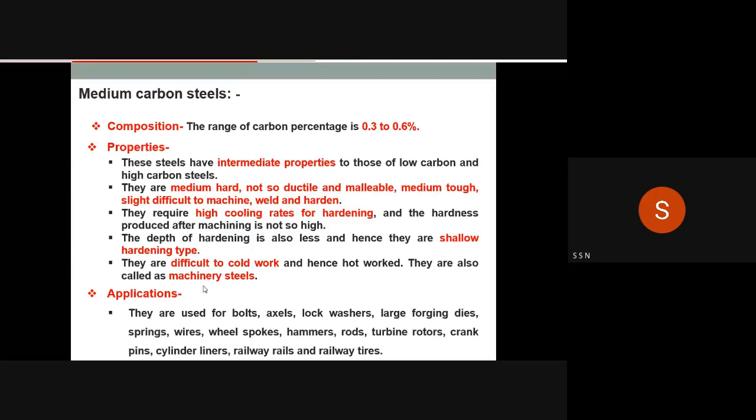All these are made of medium carbon steel, and all the properties are in the medium range. It is difficult to cold work them, so we require some hot working process, and the maximum applications are machinery related, so they are also called machinery steel.